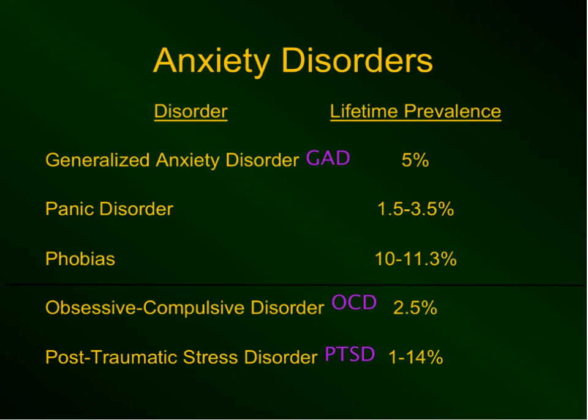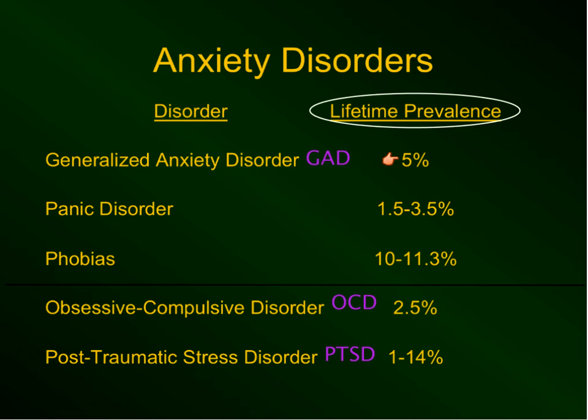Okay? On this slide, I'm not only giving you the names of the anxiety disorders over here, but I'm also giving you another piece of information called lifetime prevalence. Here's the good news. You do not need to memorize any of these numbers. I will not ask a test question that says, what's the lifetime prevalence number for generalized anxiety disorder? That's a waste of time to ask that question. What I will expect you to know something about is what lifetime prevalence is about and what it tells us.